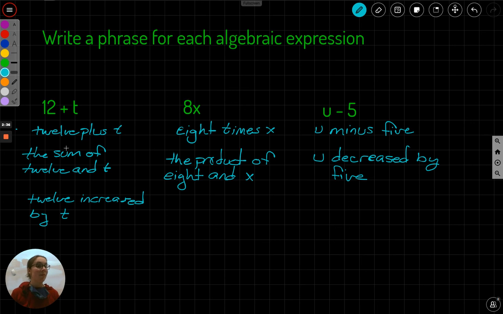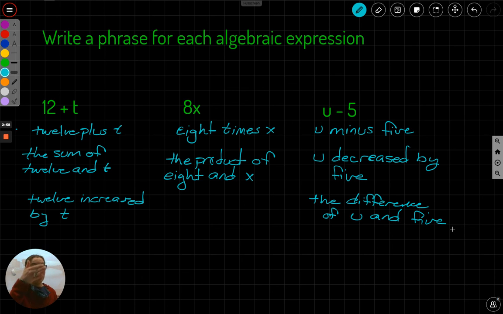Or lastly, like I have over here, the difference of u and 5. And I apologize for my sloppy handwriting on the computer, but I'm trying to write fast here and it's not easy.